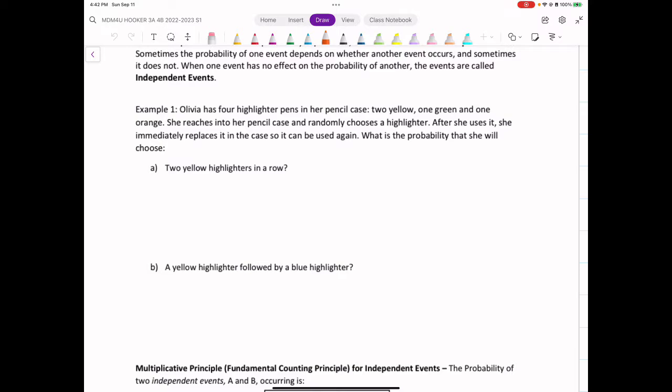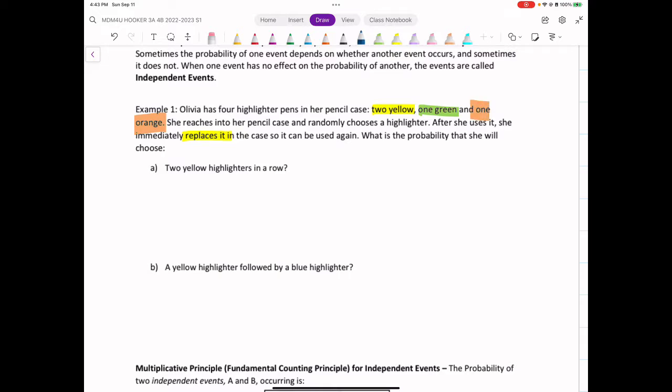So now the key words with this are she replaces it. So therefore it doesn't affect the probability next time that she chooses one. But let's see. So her choices are yellow, green, and orange. Okay, she has 2 yellow, 1 green, and 1 orange.